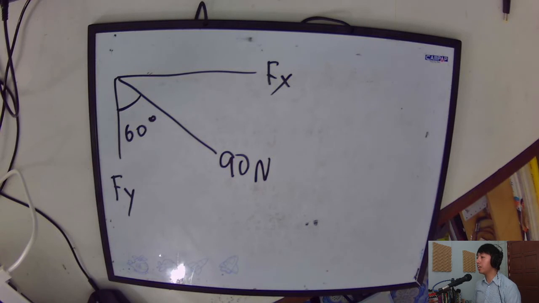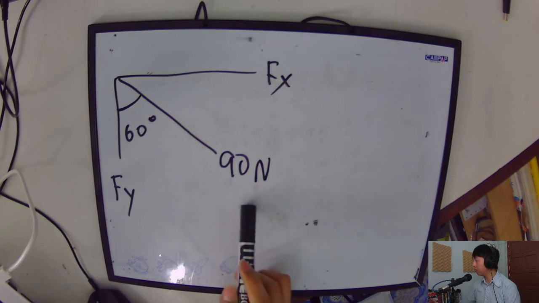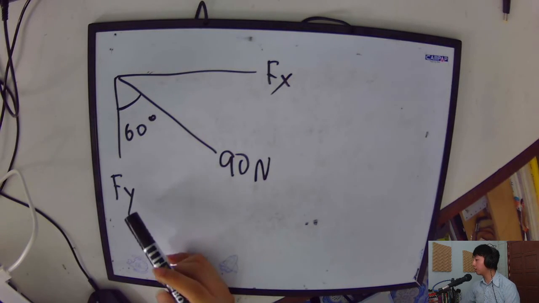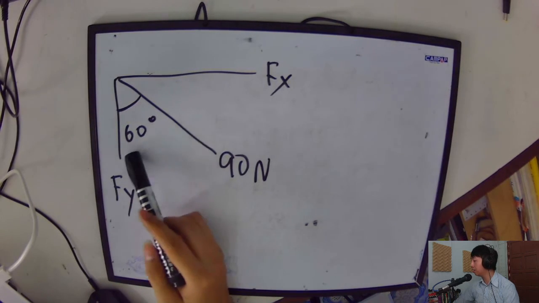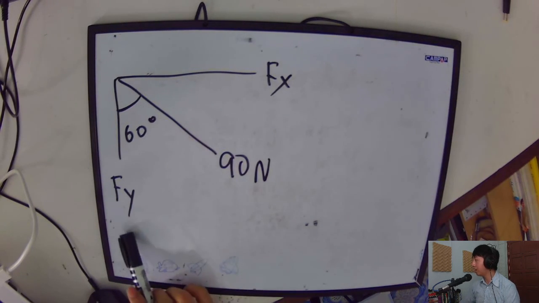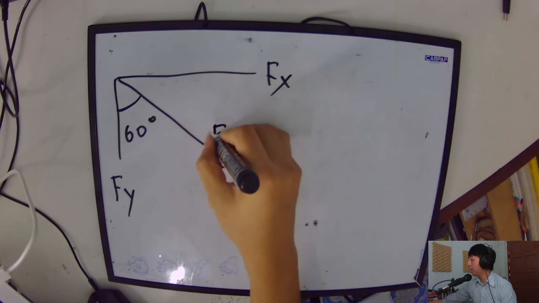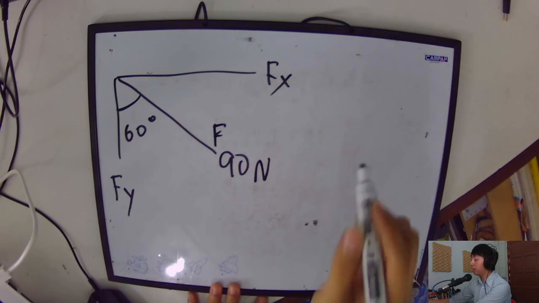So I went ahead and drew it. So we have 90 as our force. We have Fy, our vertical component, and we have an angle of 60 degrees between Fy and the force, F. Let me just write down F. And we have Fx. So, listen carefully.